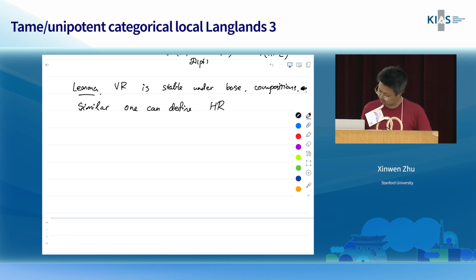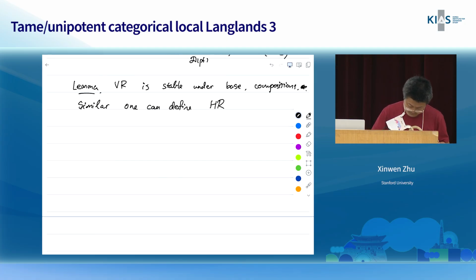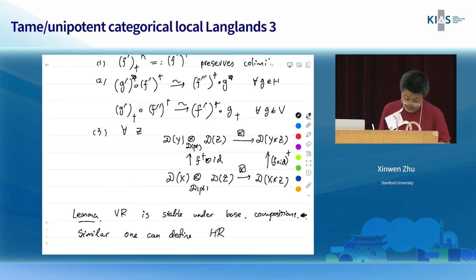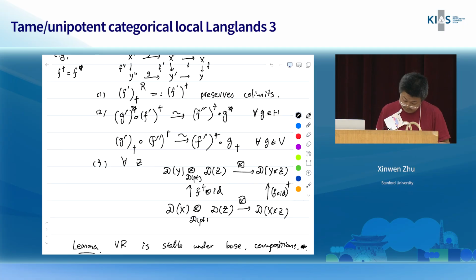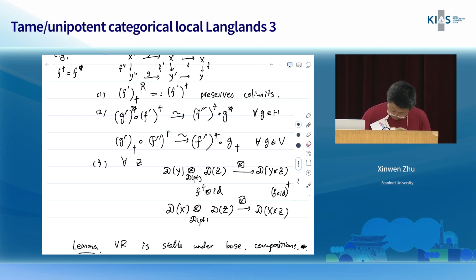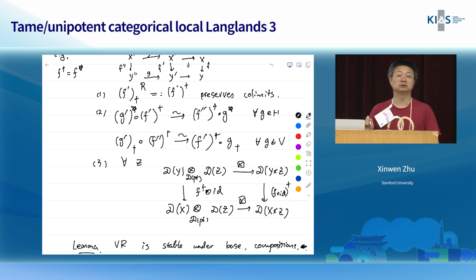All right, so now let me state the proposition. Upper dagger will be Y to X. So it's this one. Is that good? All right.